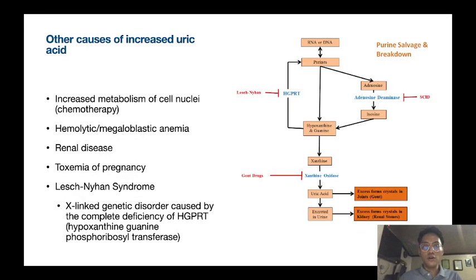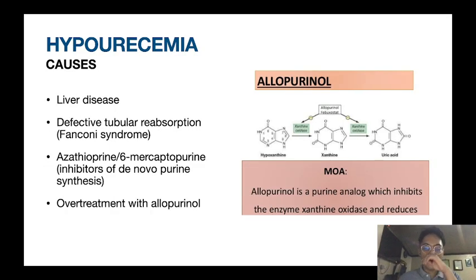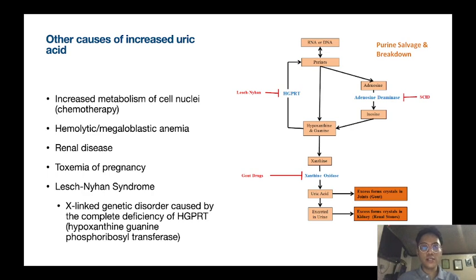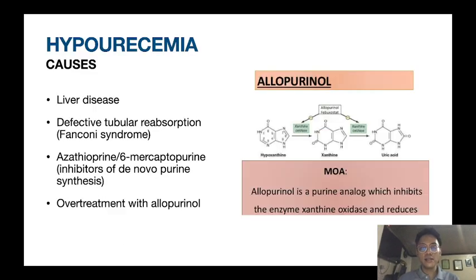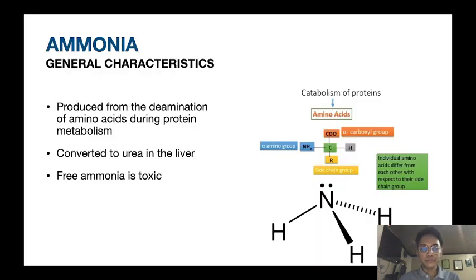Okay. So balikan nyo lang itong causes of increase and decrease uric acid. So let's go to the last NPN, ammonia. So ammonia is produced from the deamination of amino acids during protein metabolism.